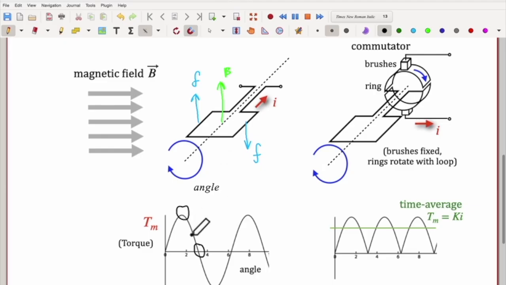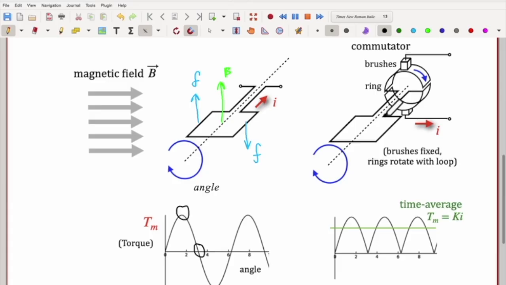In order to get continuous rotation, we need a trick, and that trick is known as a commutator, as shown in this column here. In a commutator, you additionally attach to this loop a ring that's physically attached and electrically attached to one end of the loop, and a second ring that covers the other half rotation connected to the other end of the loop here.